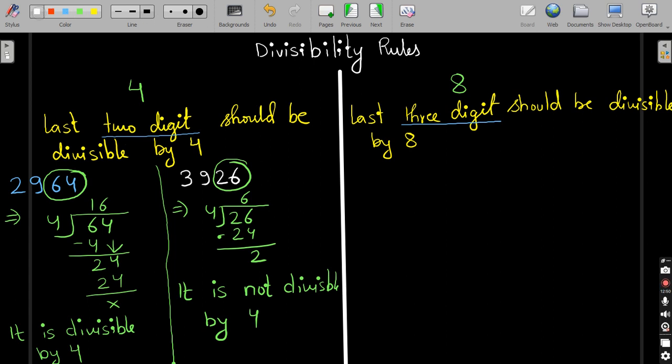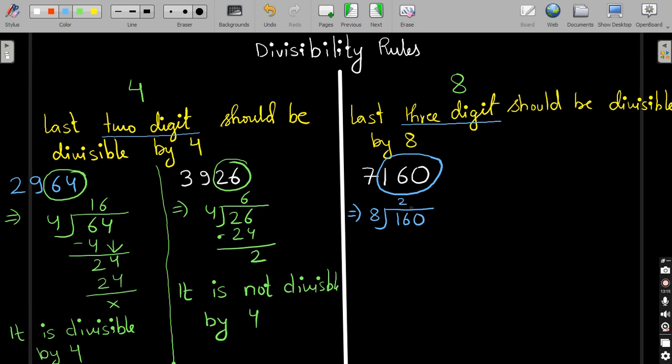Similarly, let us check the last three digits for 8. Now let us start checking 8. Let us check the number 7160, for example. What is the condition? Last three digits. Let us check. The last three digits are 160, it is written over there. Now what will I divide here? I will divide 160 by 8.